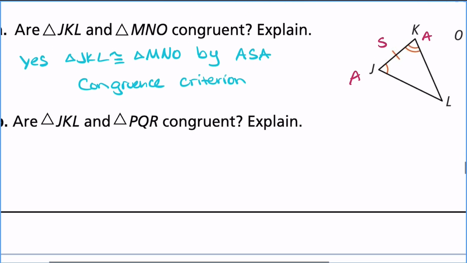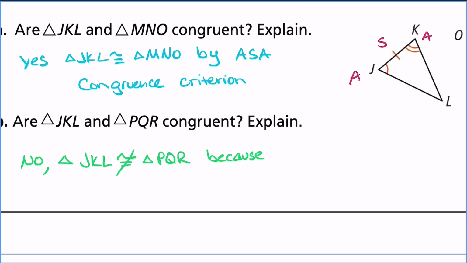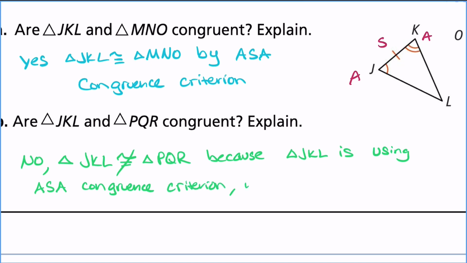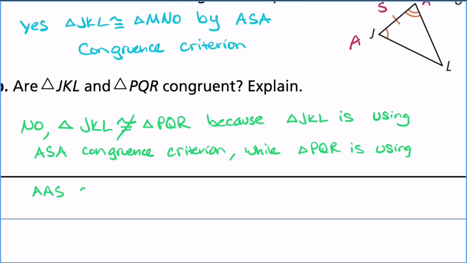However, triangle JKL is not congruent to triangle PQR because, let's say, triangle JKL is using ASA congruence criterion, while triangle PQR is using AAS congruence criterion.